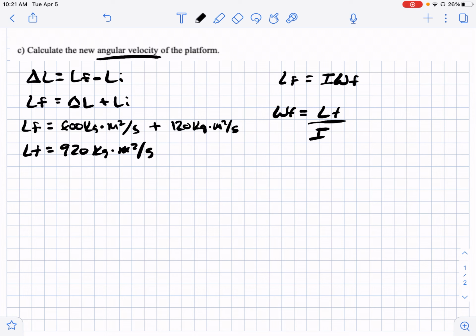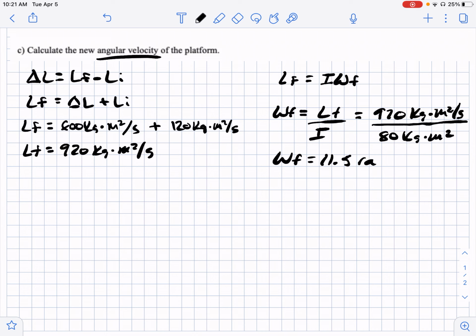So we'll plug in our values. We got 920 kilograms times meters squared per second, all over our rotational inertia, which we found in part A, and it was equal to 80 kilograms times meters squared. So the final angular velocity is just equal to 11.5 radians per second.